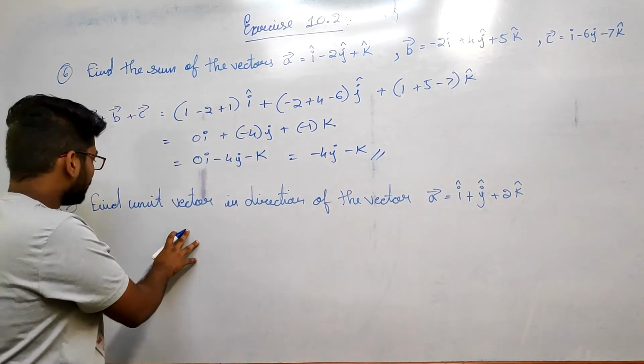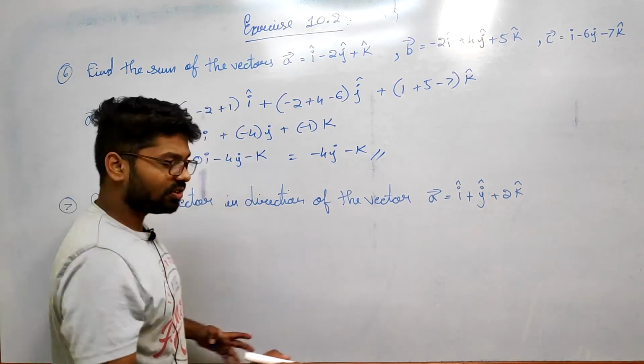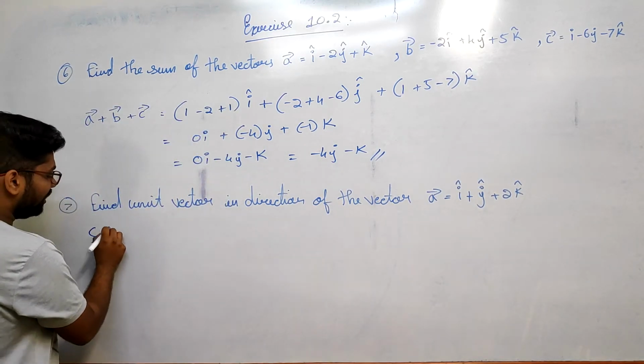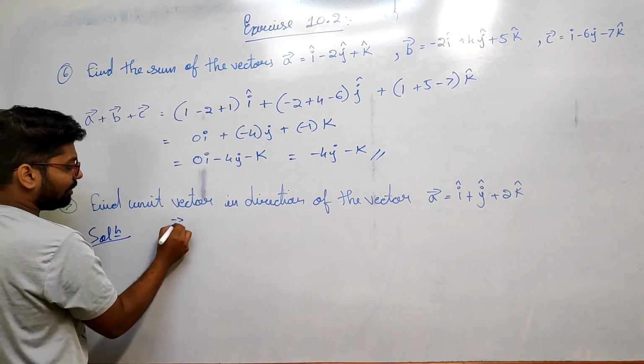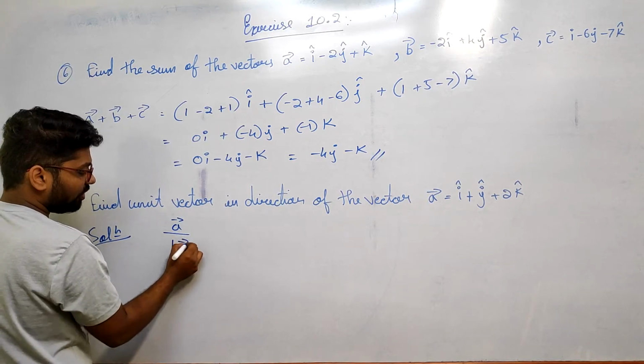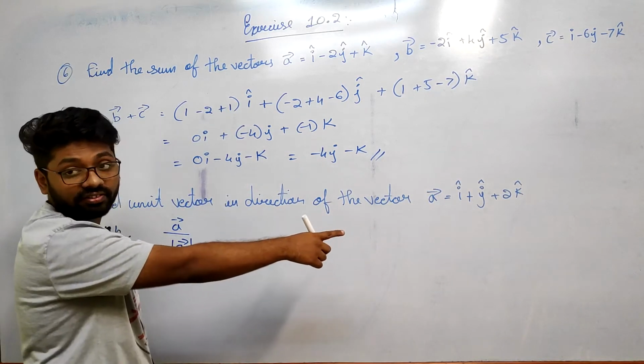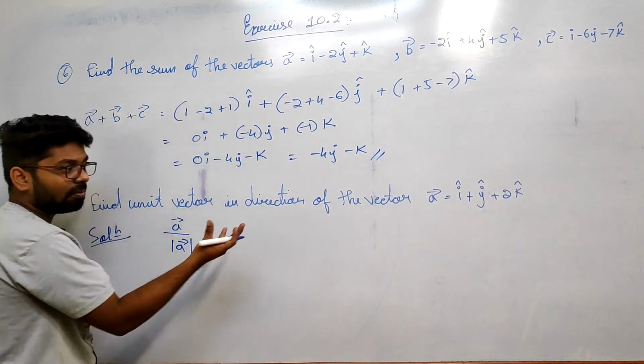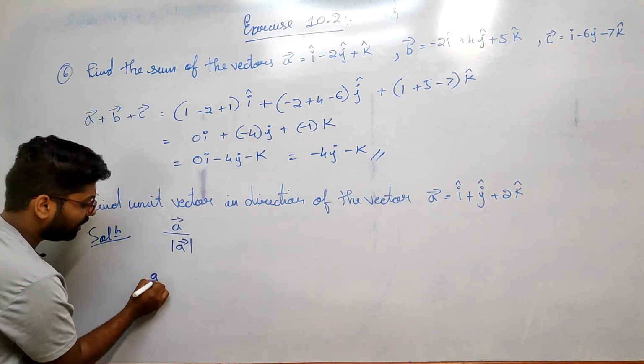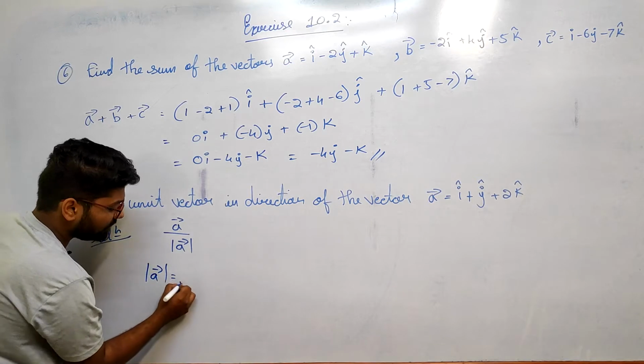Now let us solve this question. Find the unit vector in the direction. As we all know, the unit vector is given by this formula, that is a bar divided by the modulus of the same vector. So a bar is given over here. First we will find the modulus, after that we will apply the formula. What is the modulus of this vector?